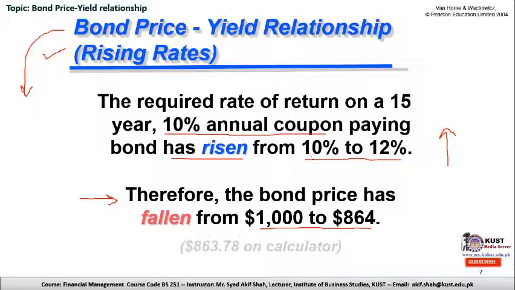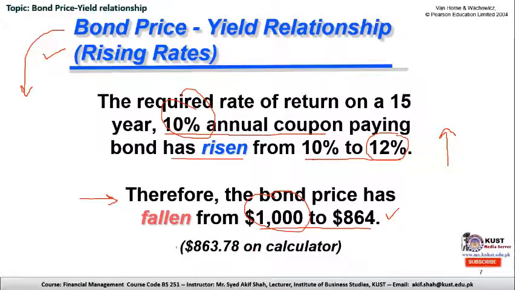You can simply plug in this discount rate, and then calculate the 10% coupon on the $1,000 face value, and plug the relevant values into the formula or use the present value interest factor for annuity table, and you can get the value of this bond as $864.